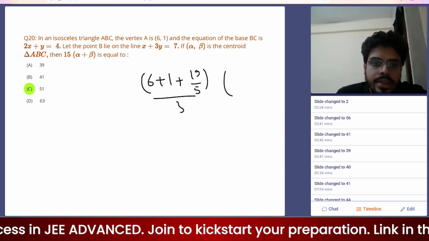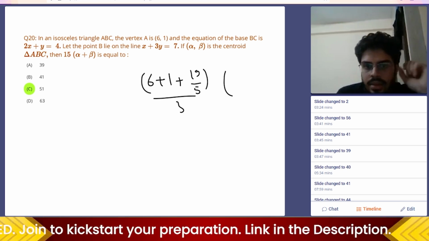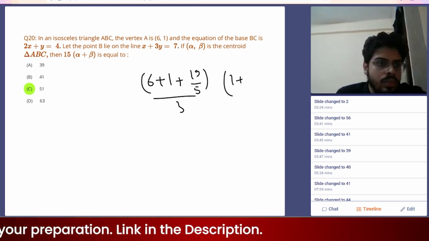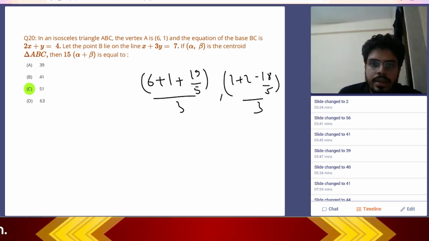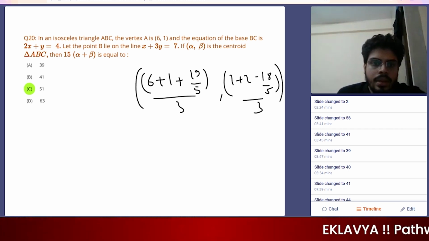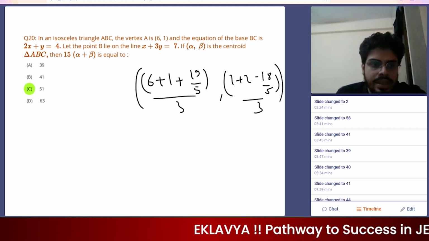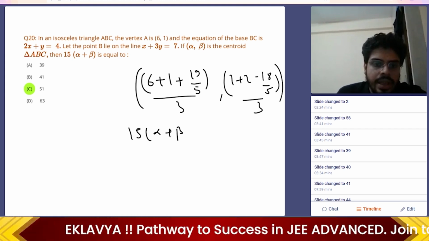So centroid with this divided by 3, and another one will be 1 plus 2 minus 18 by 5, by 3. So this is the centroid, alpha, beta. So we have to find 15 times alpha plus beta.